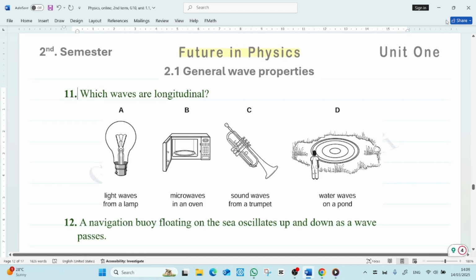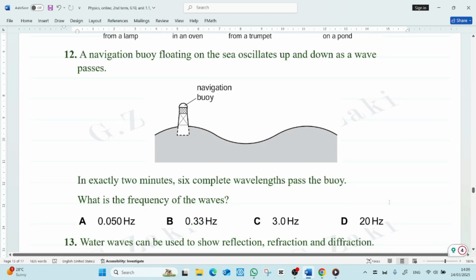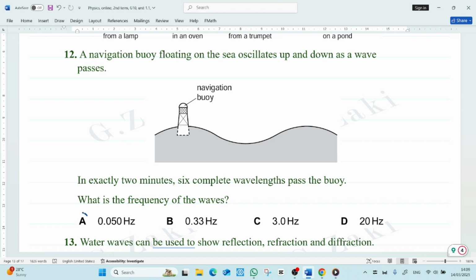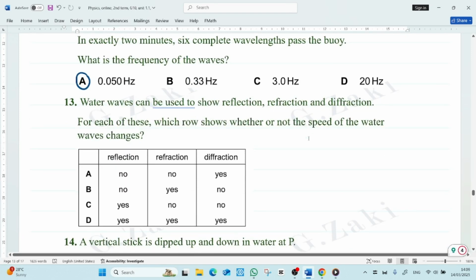Think of the question and then I give you the answer. The answer is A. I just give you the answer. If you have any doubt, you can call me. Question number 13.